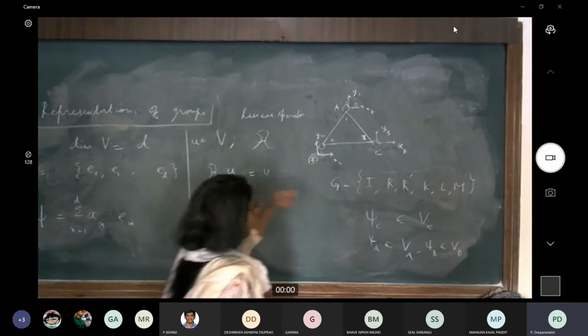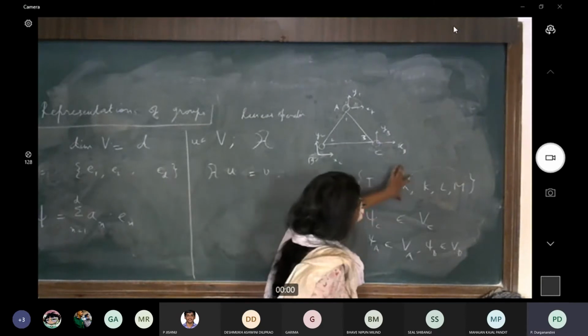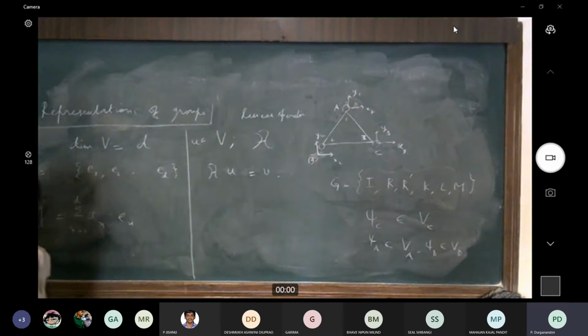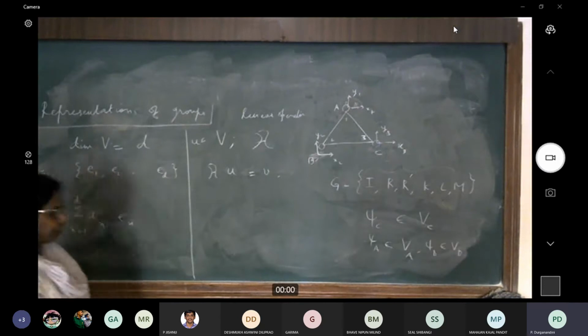Now, in the same way, I had the symmetry transformations and I'm asking the question, what happens to this psi, or to this wave function, under this symmetry transformation?